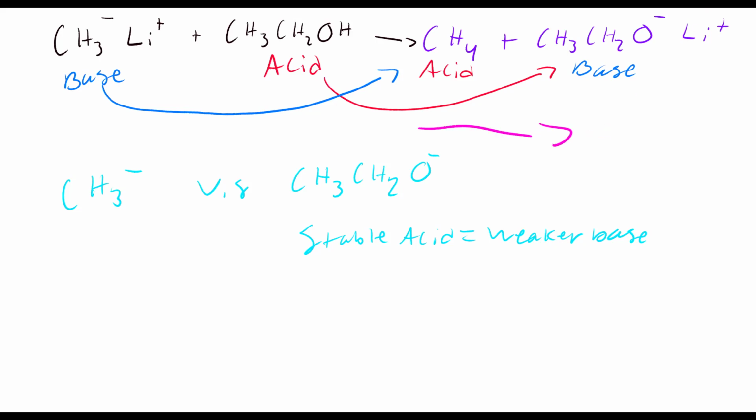Okay? But let's verify our findings. If you're not so sure, you can draw a Lewis structure of this. You can do CH3CH2 with a C and then an alcohol. That right here is an OH group.